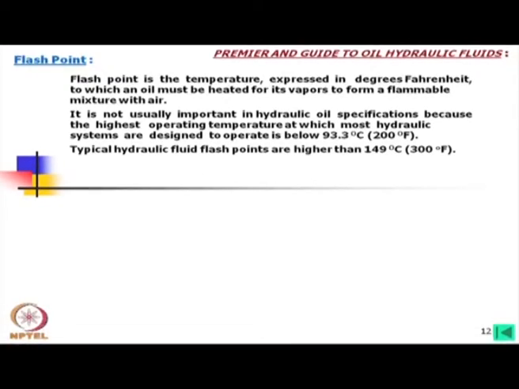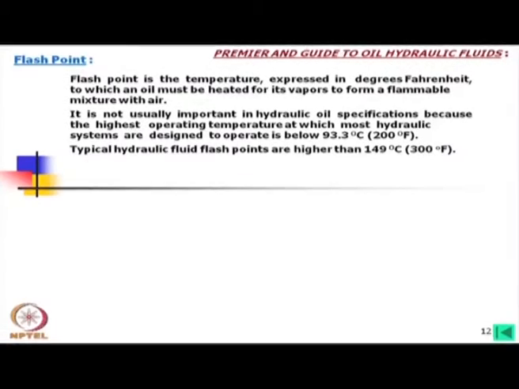Actually, from practical experience, you will usually find the oil temperature is maybe 65 to 70 degrees centigrade only, where the ambient temperature is around 45 degrees Celsius or so. This means that enough cooling has to be provided to the hydraulic oil.